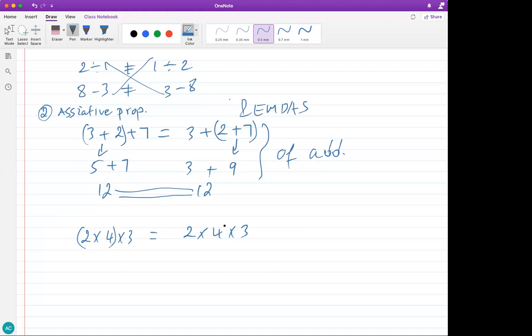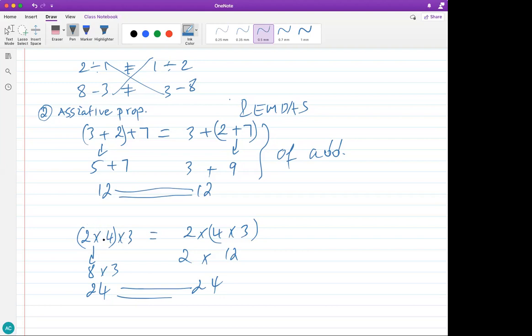So we can associate these two or these two first. Again, parentheses first, so that's 8 times 3, which is 24. Over here, we have to start from here, so that's 12 times 2, which is also 24. As you can see again, these are the same, even though we did them in a slightly different order, because the parentheses have the priority in the order of operations.